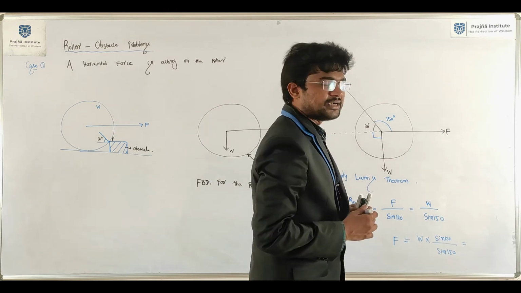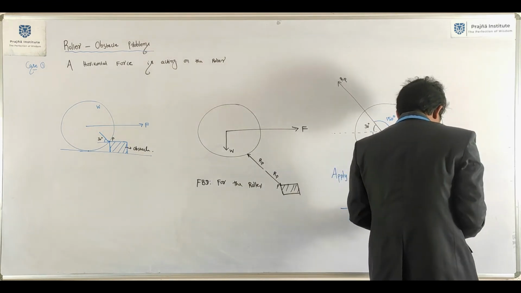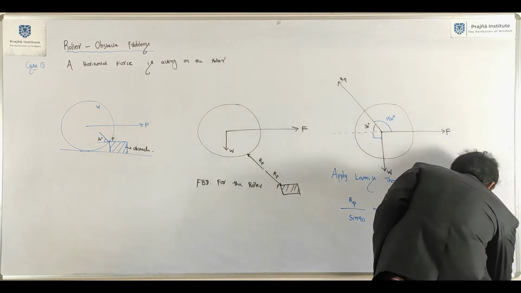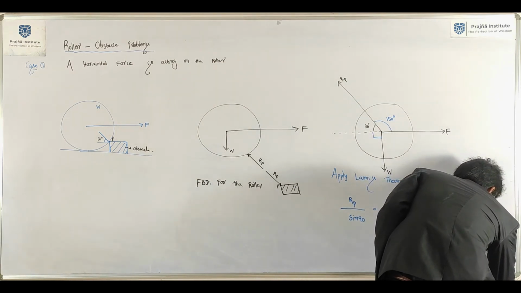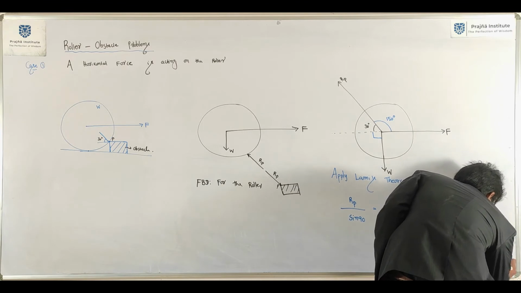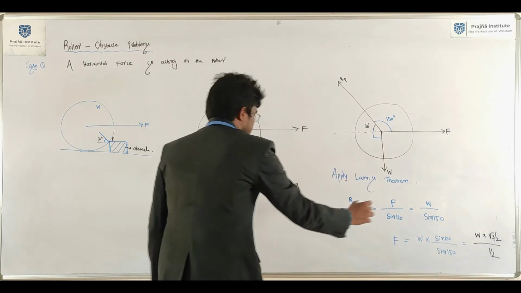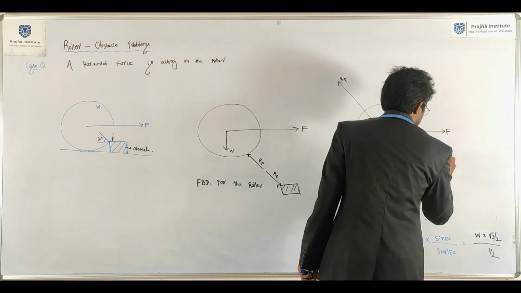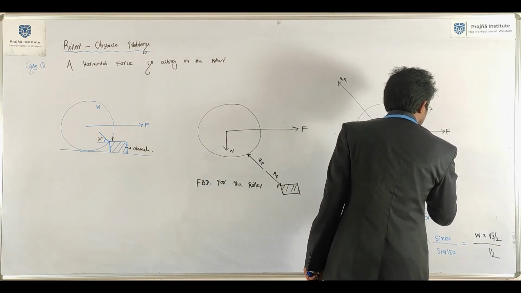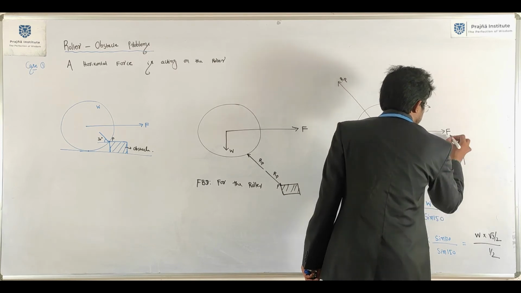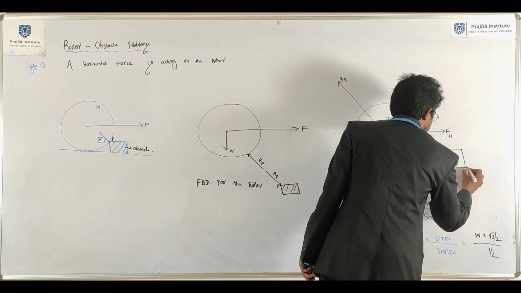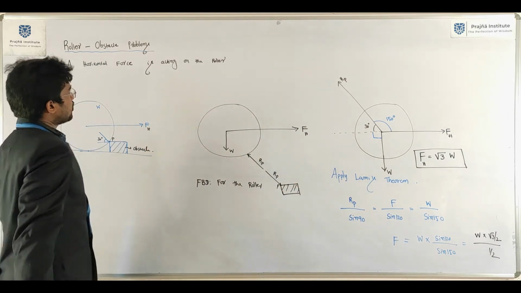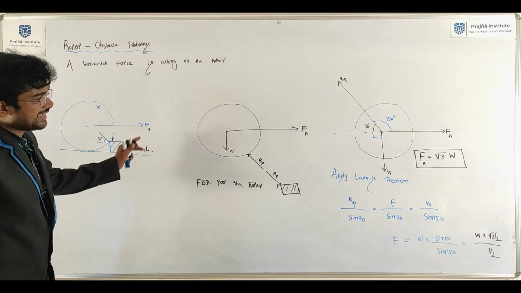What is sin 120? Root 3 by 2, correct? W into root 3 by 2 by 1 by 2. Finally, what is the magnitude of force applied here? F is equal to root 3 W. F horizontal. So, for horizontal force, FH.